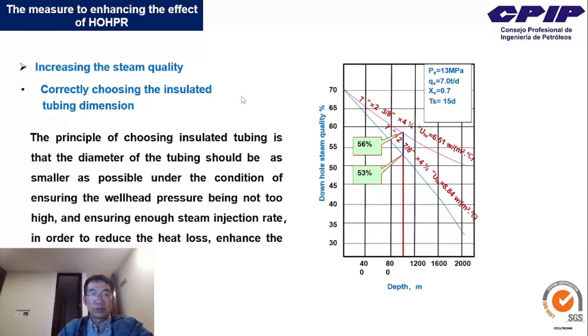So the principle of choosing the isolated tubing is that the diameter of the tubing should be as small as possible under the condition of ensuring the wellhead pressure is not too high, and ensuring enough steam injection rate in order to reduce the heat loss and enhance the steam quality.